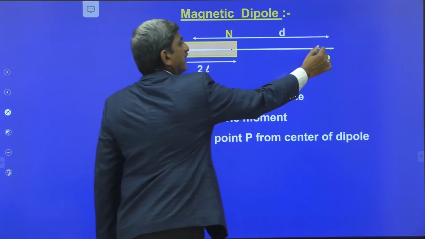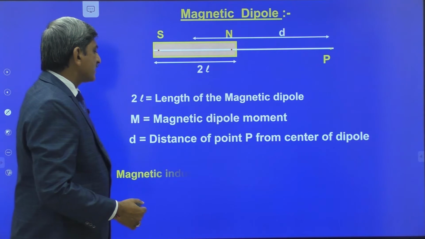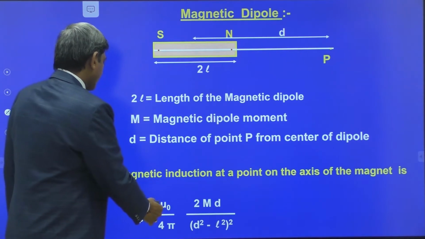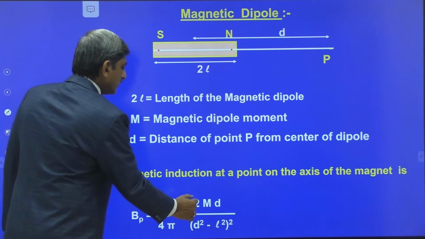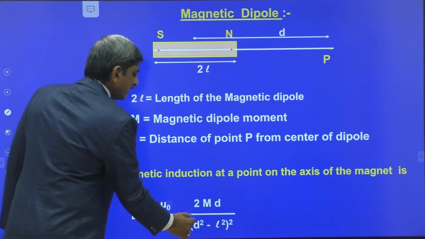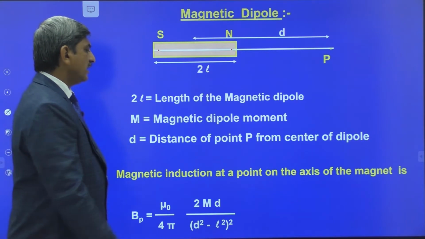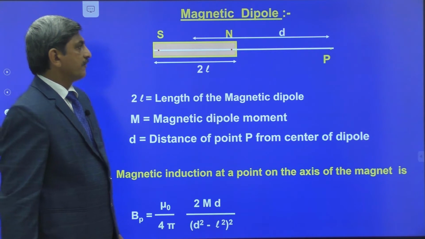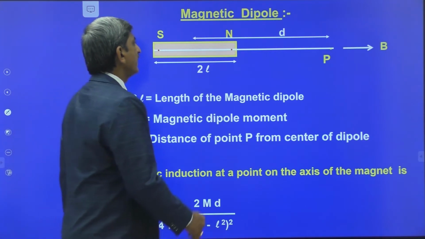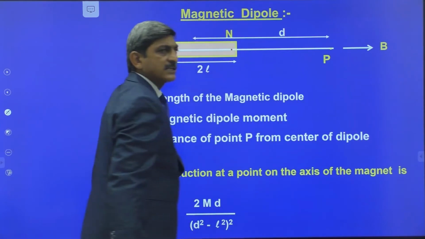At this point P on the axial line, the magnetic induction is given by B_P equals mu naught by 4 pi, 2Md divided by (d square minus L square) whole square. Now, what is the direction of the magnetic field? The direction of the magnetic field is from the south pole to the north pole on the axial line.